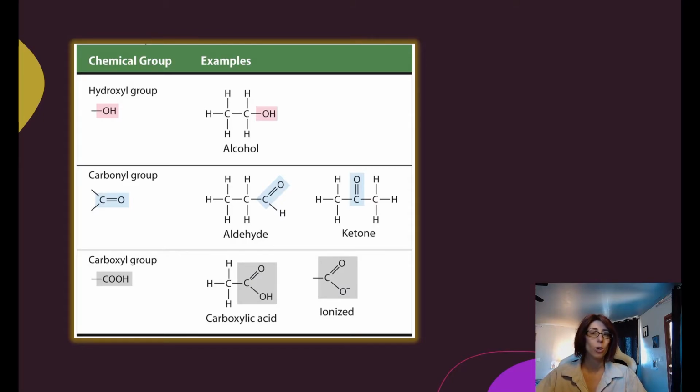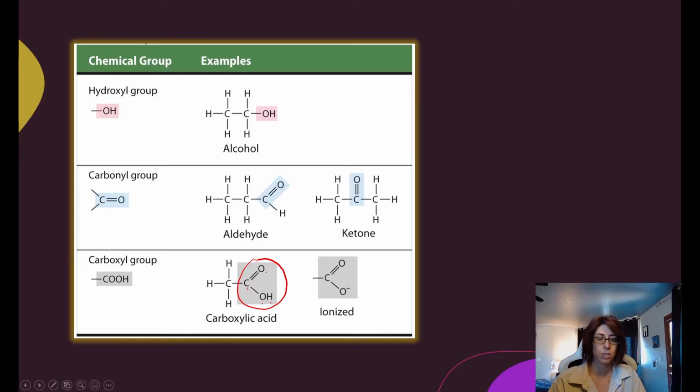Hydrophobic things will not dissolve in the water of the cell. If you want to determine if this functional group is hydrophilic or hydrophobic, you're going to have to compare the electronegativities of carbon and oxygen, and of oxygen and hydrogen, and of carbon and oxygen here. So looking to see whether there is an equal or unequal sharing of electrons will be a clue as to whether a functional group is hydrophilic or hydrophobic.